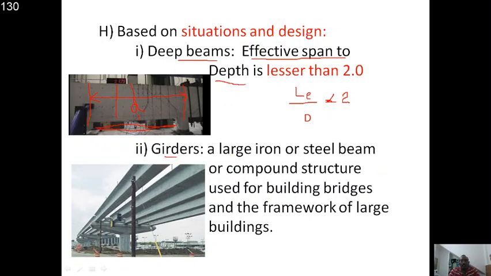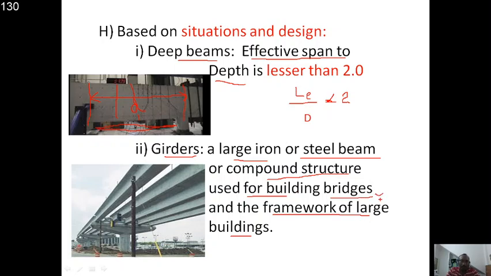And girders are also similar structures. They are arranged for big loading members for bridges. When you are going to construct bridges or the framework of large buildings, we can use girders as a combination of steel beams or any other materials to give support to large structures, right?